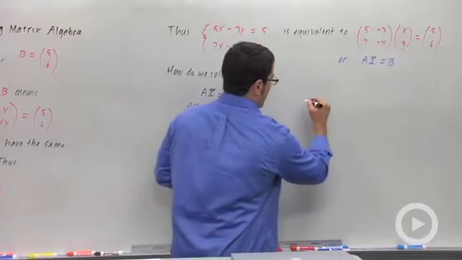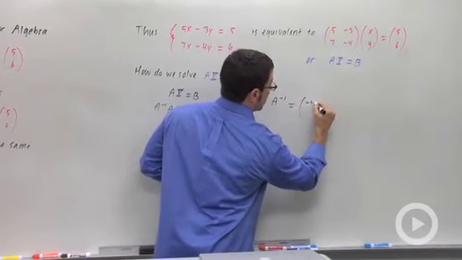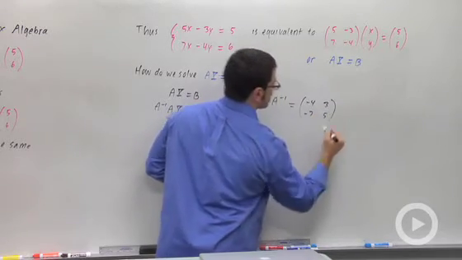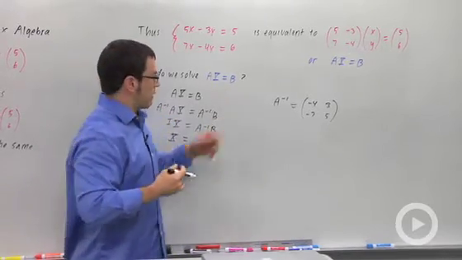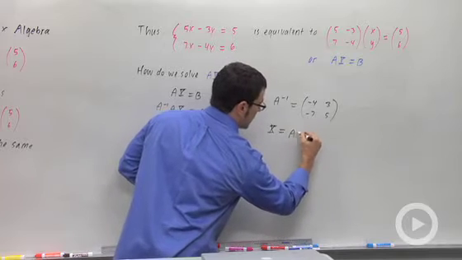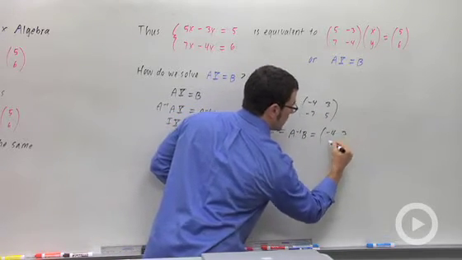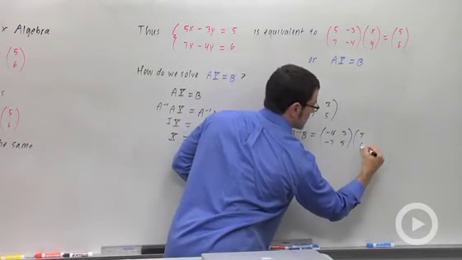Now let's say that we know that A inverse is [-4, 3; -7, 5]. Okay, say that we've solved for the inverse matrix and we found this. Then X is going to equal A inverse B, which is this, [-4, 3; -7, 5], times B, which is [5; 6].